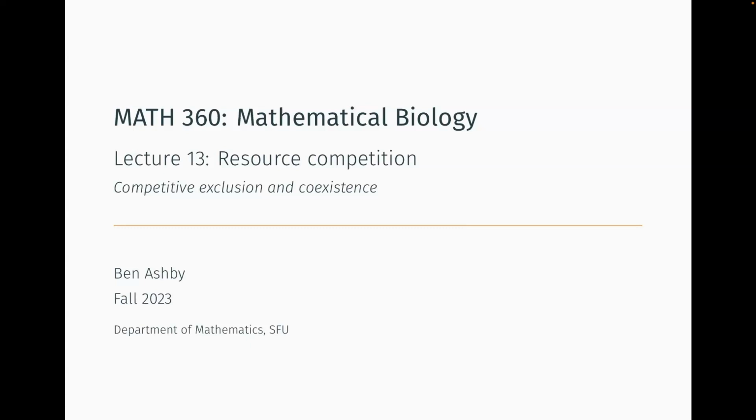So likewise, two COVID variants, topical, I know, they compete with each other because they have cross immunity. So they compete for hosts and they compete via the overlap in immunity that they have. So this idea of resource competition is very general. It doesn't just apply to two birds competing for the same seed. It applies to lots of different scenarios.